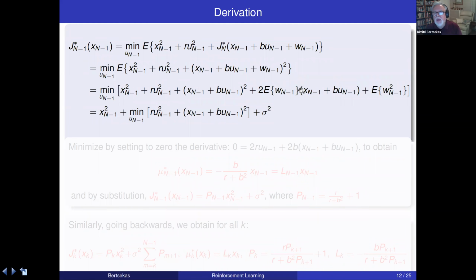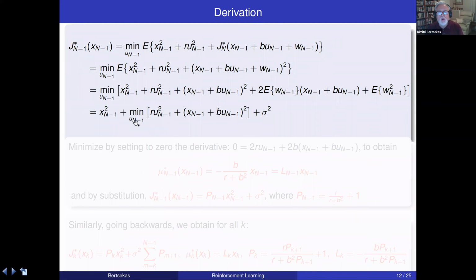So that's what I get. I get the expected value of wN-1 here, which is 0, so this term scratches out. And the expected value of the square, the second moment, which is sigma squared. So this step can be simplified to read like so. And the nice thing has happened.